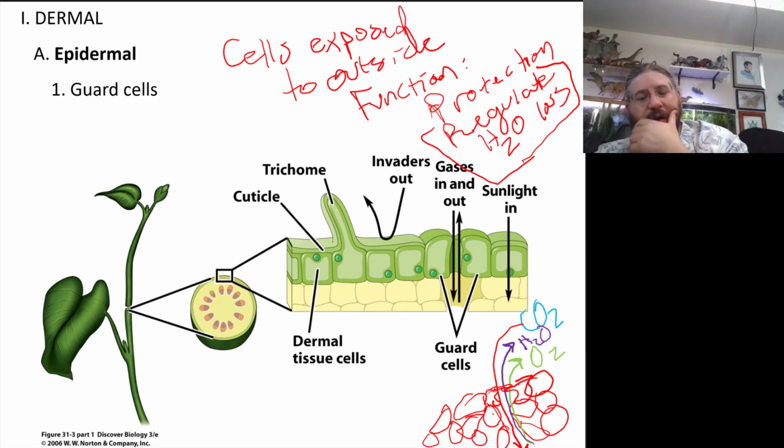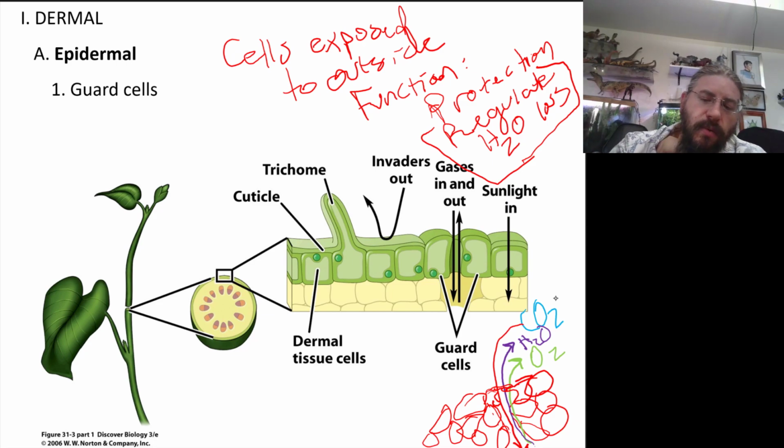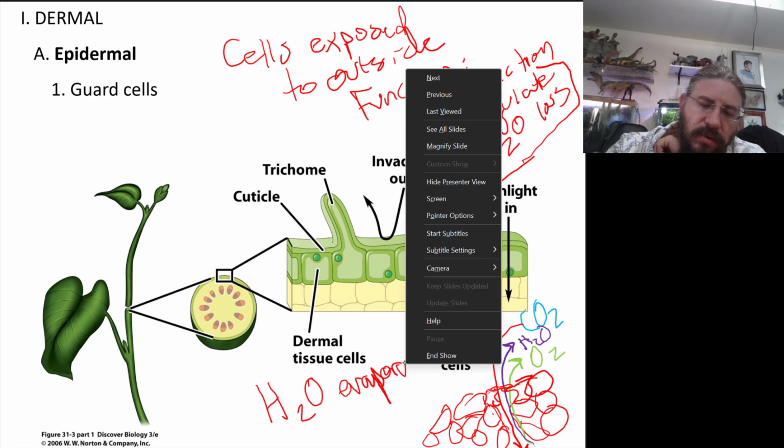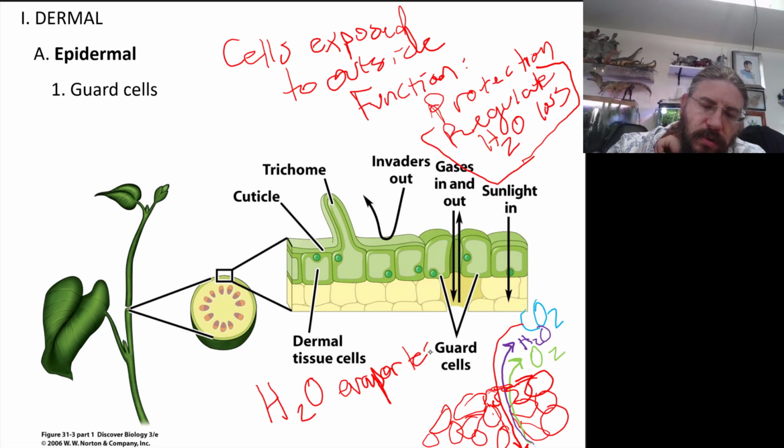Anyway, so when the stomata are open, we get gas exchange for photosynthesis, get rid of that waste oxygen, bring in our necessary CO2. But also when they're open, we lose water. Evaporation takes out our water. H2O evaporates out of the stomata.